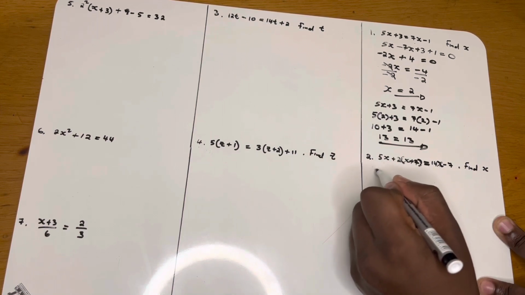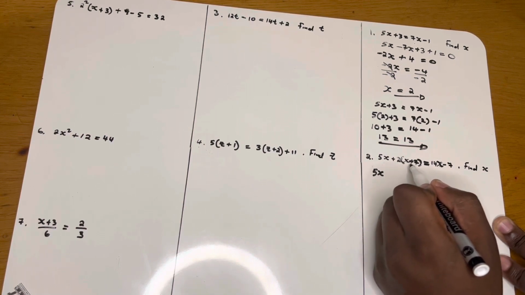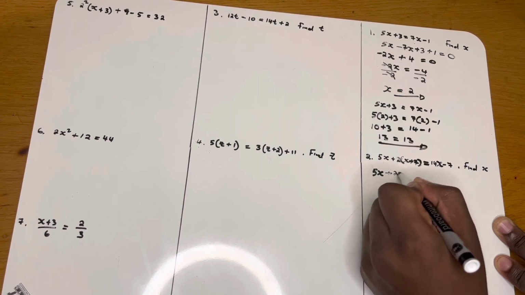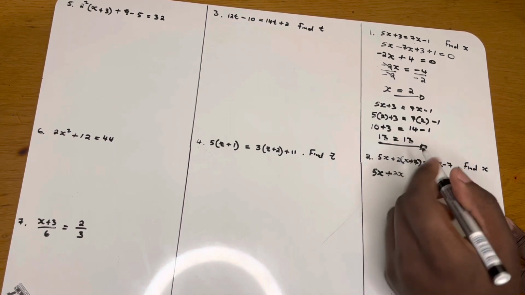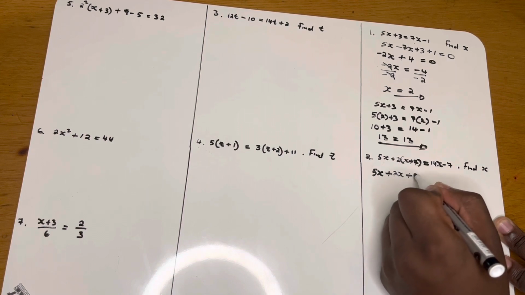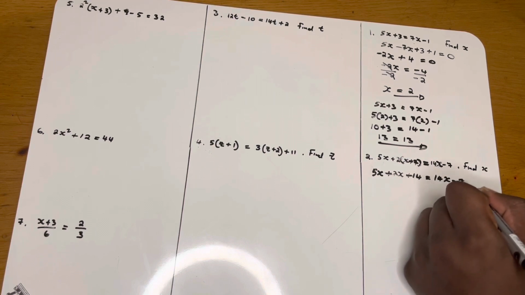So the first thing we do, we will drop 5x as it is, then we multiply plus 2 with x, so it's going to be plus 2x, then 2 times 7, it's going to be plus 14 equals 14x minus 7.